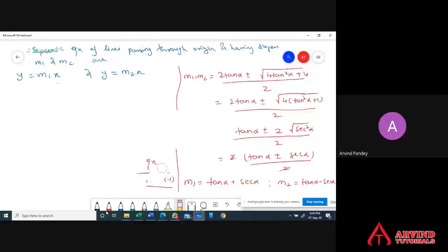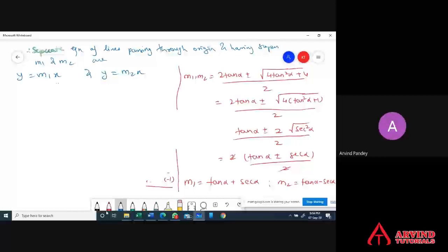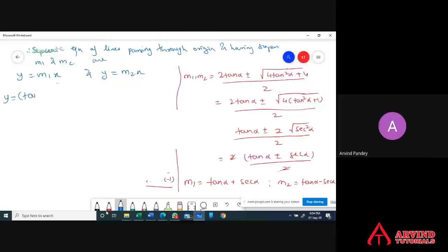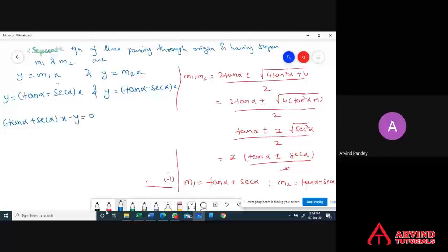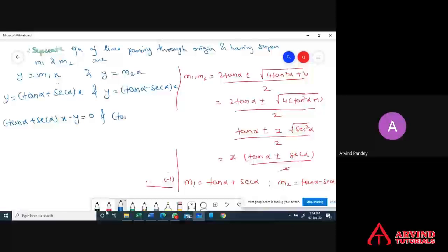Okay, just substitute the value. So it will be y equal to tan alpha plus sec alpha x and y equal to tan alpha minus sec alpha x. So your final answer will be tan alpha plus sec alpha x minus y equal to 0 and tan alpha minus sec alpha x minus y equal to 0. Okay, this is the final answer.